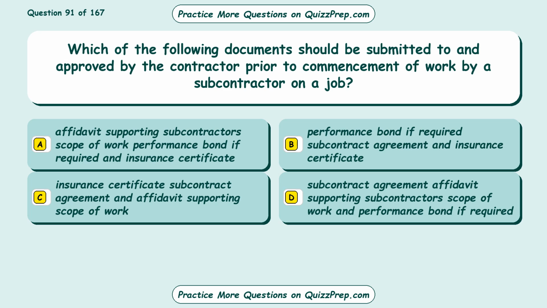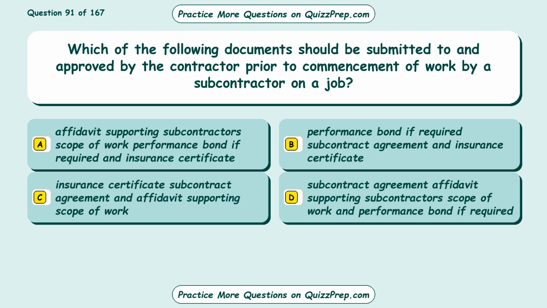Question 91. Which of the following documents should be submitted to and approved by the contractor prior to commencement of work by a subcontractor on a job? Option A, affidavit supporting subcontractor's scope of work, performance bond if required and insurance certificate. Option B, performance bond if required, subcontract agreement and insurance certificate.